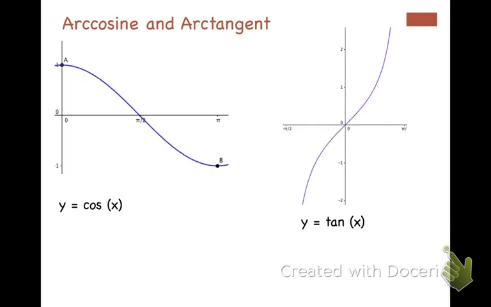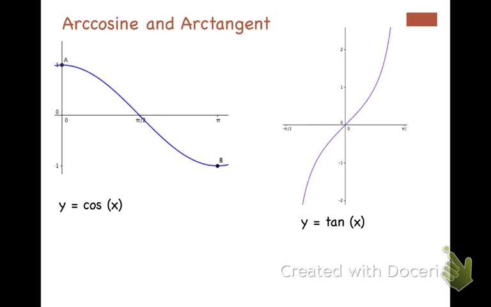All right, so we're going to look at cosine and tangent. Again, these original cosine waves and tangent functions don't originally pass the horizontal line test, so we restrict the domains.